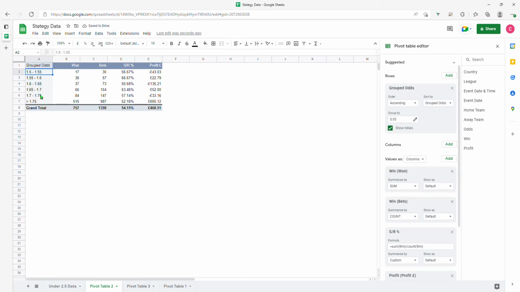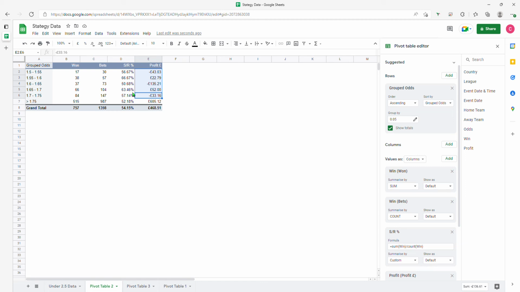Okay, so there we go. Ignore the greater than 1.75, that's just the remaining data, grouped separately. So you can even see here, like I was saying before, where it's alternating. This is a great example of that. I've not even prepped any of this beforehand, other than the pivot tables themselves. If you look at this one, that one's 66%, that one's 63%, and the others are in the 50s.